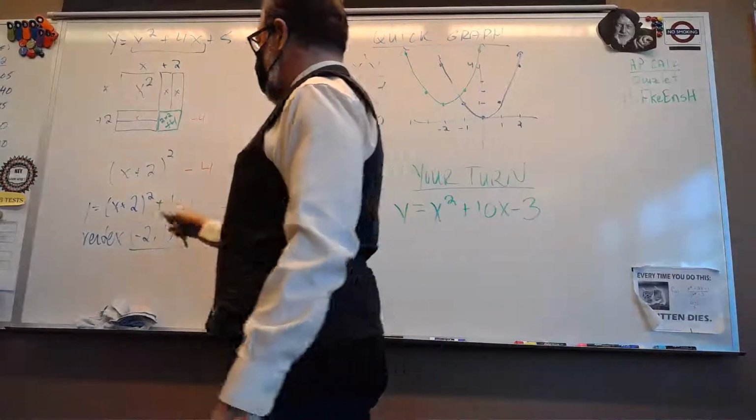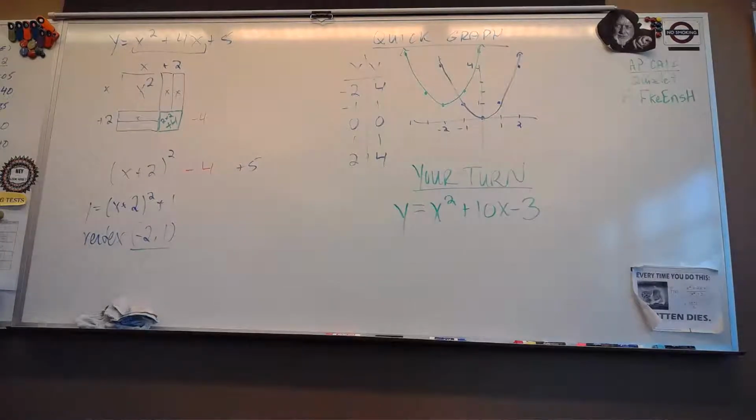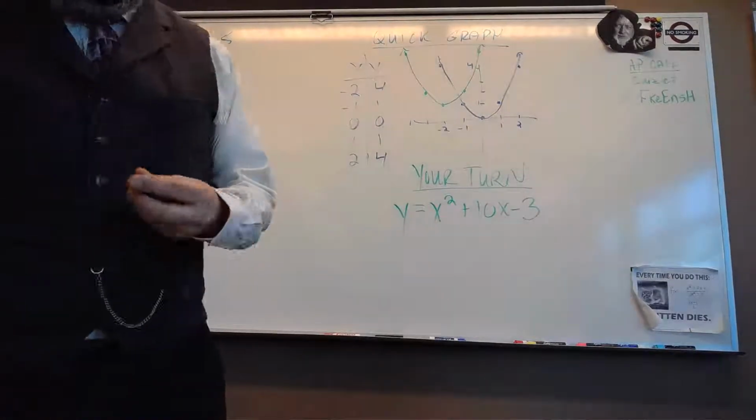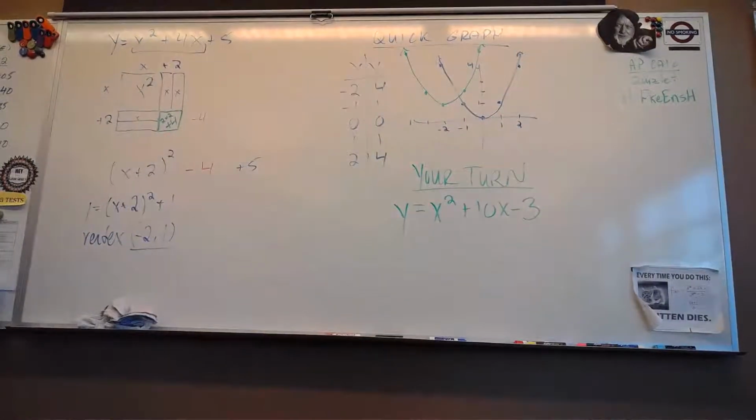I want you to write it in vertex form, tell me what the vertex is, and draw a quick graph. And don't forget, lots of graph paper back here. If you're writing on line paper and you want graph paper, please help yourself.